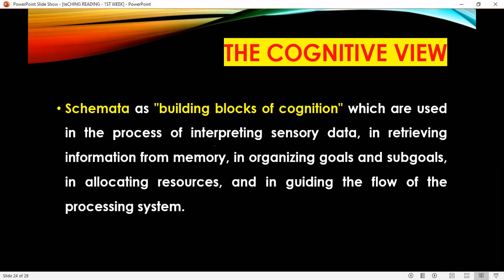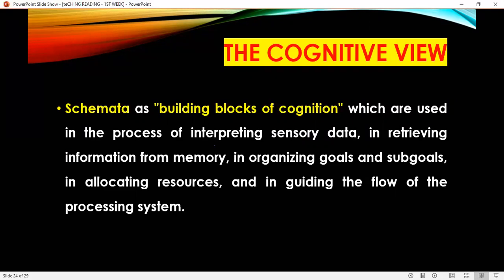So schemata is the principal aspect in a cognitive view of reading, because you use it as building blocks of cognition. Remember what schemata was? Can you remember? Prior knowledge. Your prior knowledge.